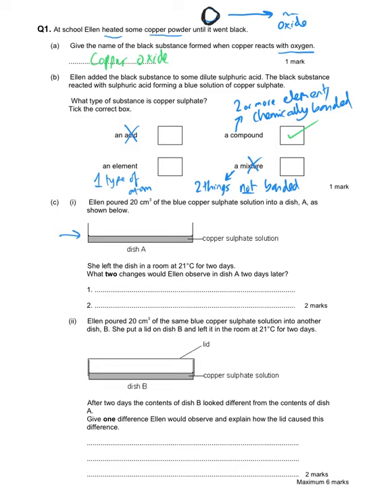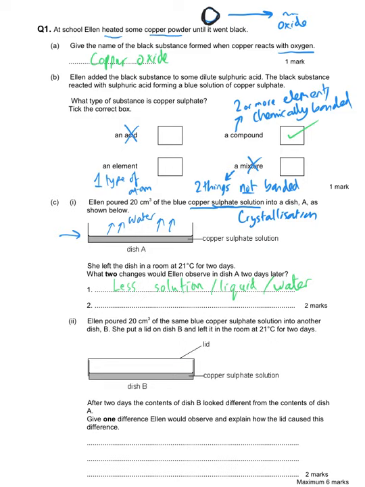Now, this type of reaction is crystallization. And what is going to happen is our solution, and you can always do this for any solution, so you can have salt solution, and the water can evaporate. So the water will leave the solution, and so that will be one change that you'll notice, is that there will be less solution or less water or less liquid.